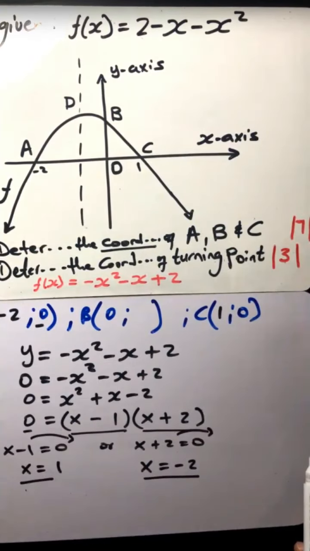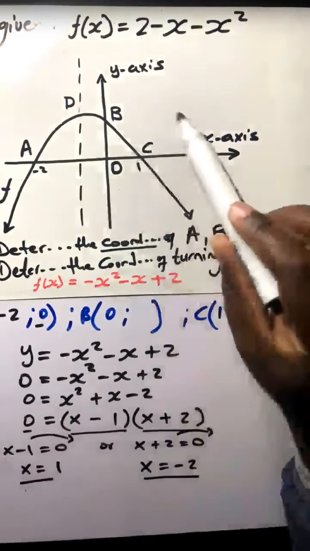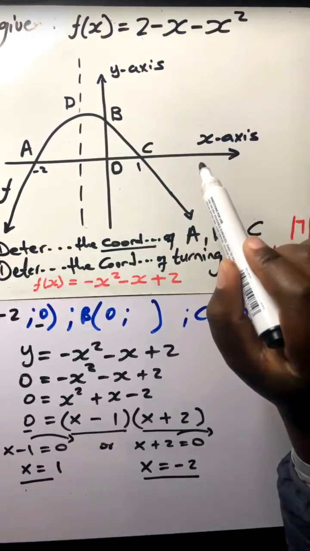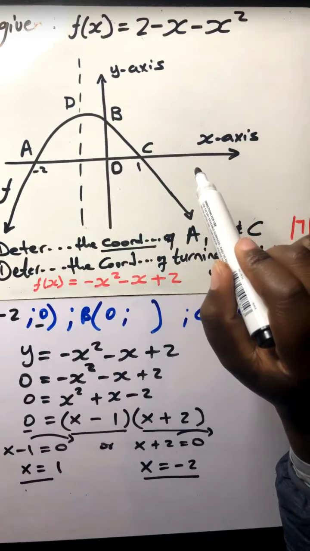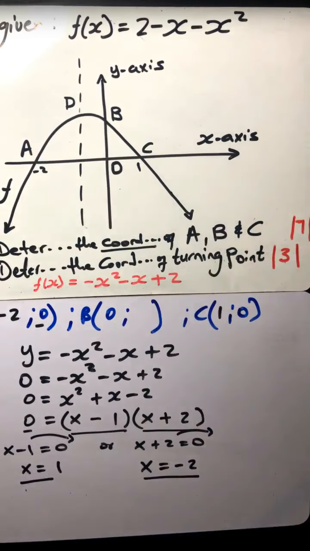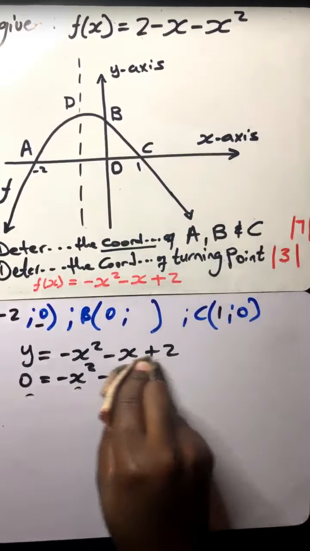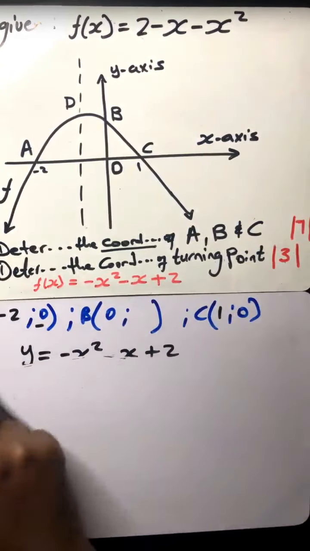So now how do we get the C value? Is there someone who wants to guess how we get the C value? The C value or the B coordinates.